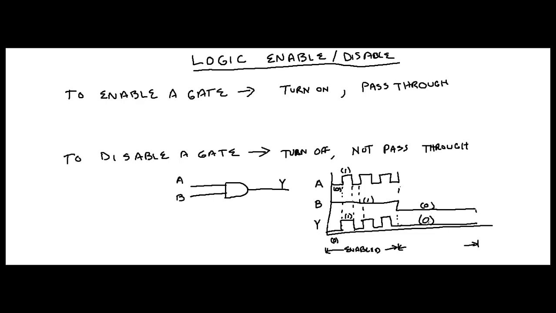That's because the AND gate requires all 1s on the inputs for it to be 1 on the output. And since one of the inputs, B, is 0, it's always going to be 0. This would be disabled. Termed disabled, I should say. Get it?